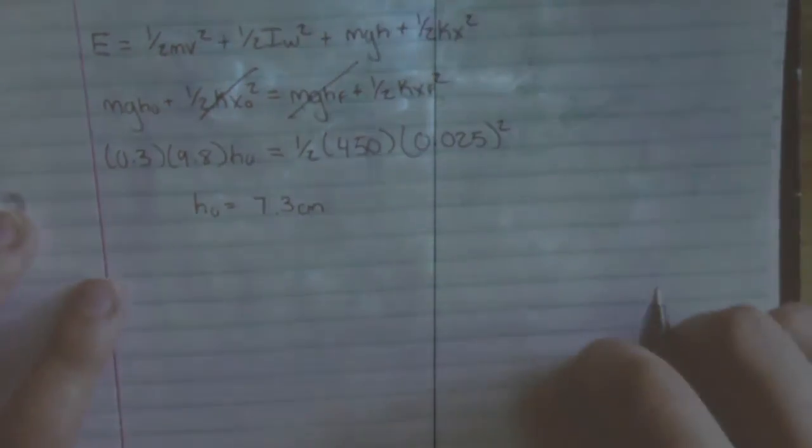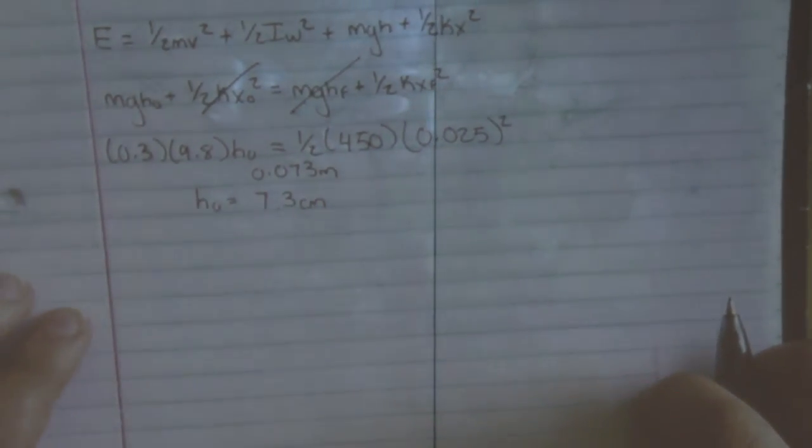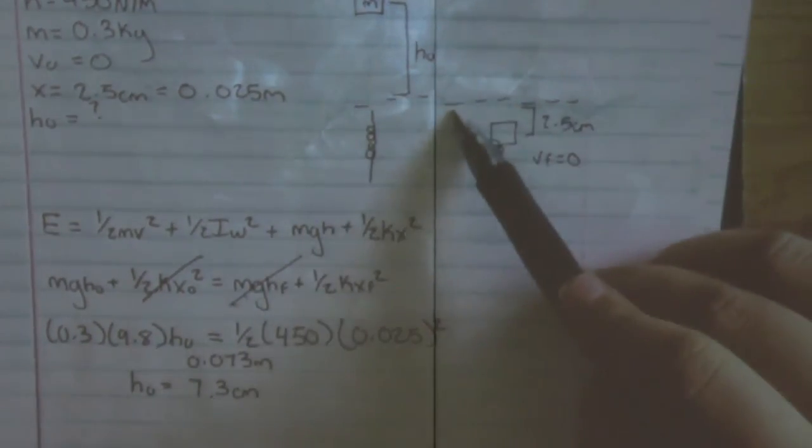Centimeters, actually. You should end up getting 0.073 meters. So then if you wanted the distance above where it was dropped, what we calculated was this whole distance here. So in order to get just this distance, you have to subtract 2.5. So our actual h should be 0.048 meters.